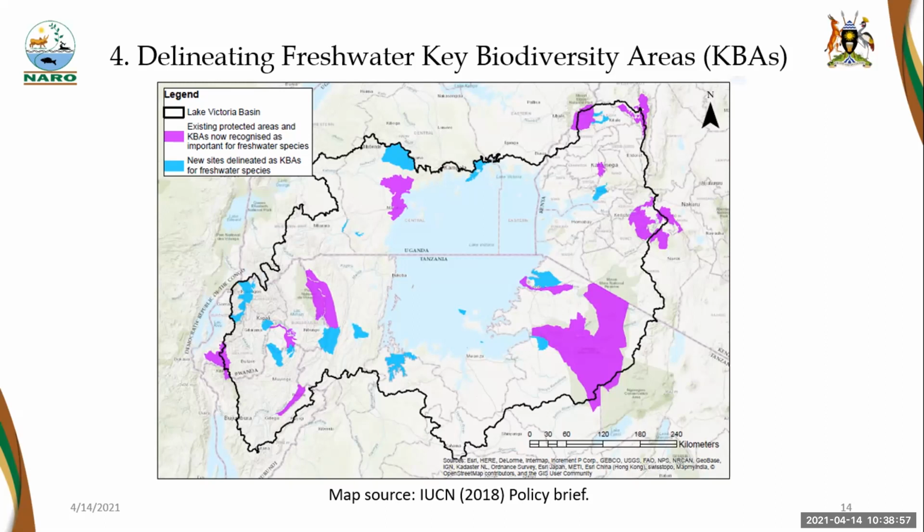Now we shall use the data we have mobilized under the JRS project to build on the work of IUCN to extend these freshwater key biodiversity areas to the entire country. And this is the work that will be done when the red list assessments have been completed.